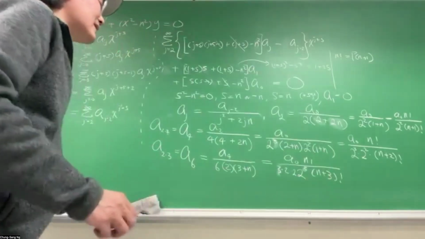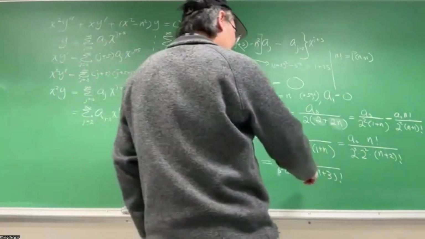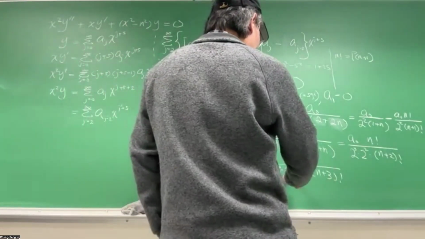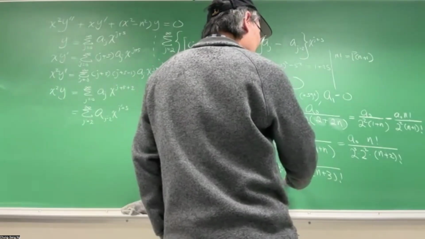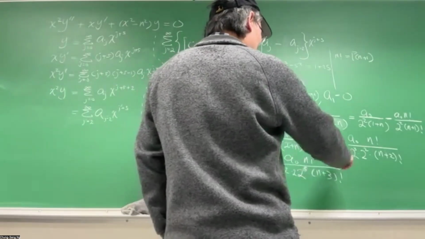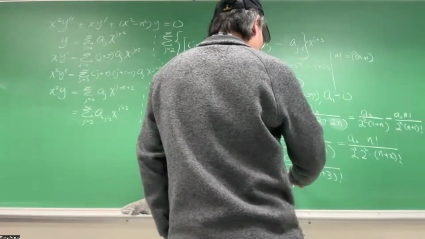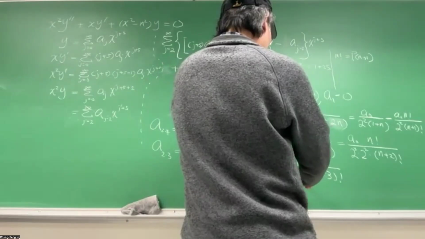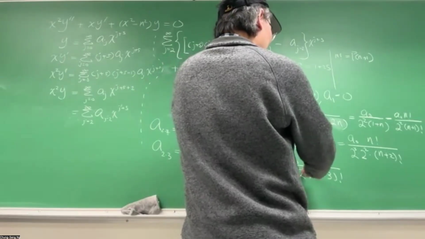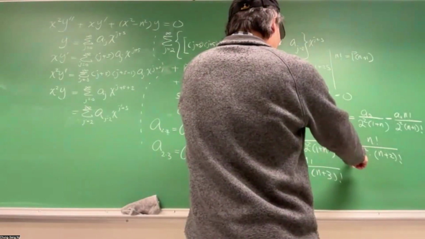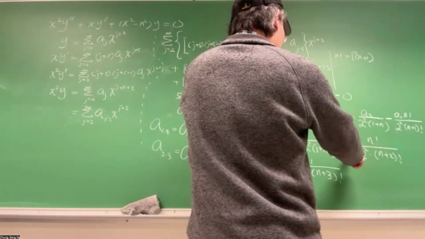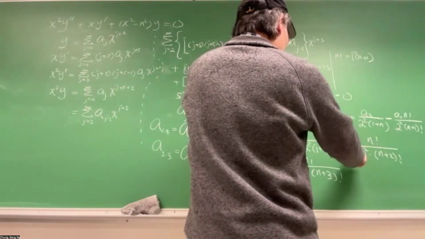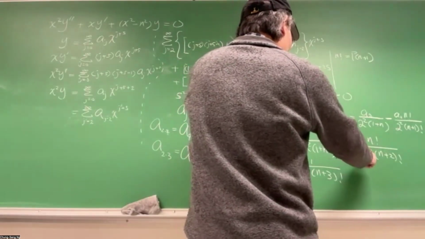Right. Okay. And now if we keep that as factorial, then 3 plus 3 times 2, and that would be 6 factorial, and 2 to the 6, right? 2 to the 6 power, 3 factorial. And we keep it like this is 2 factorial, so you keep a 2 here, and then put 2 here.